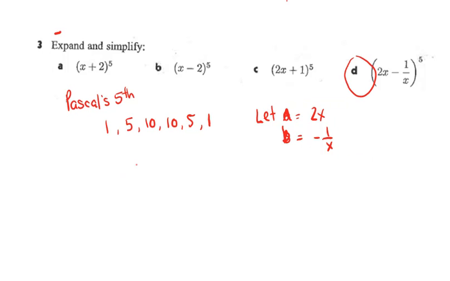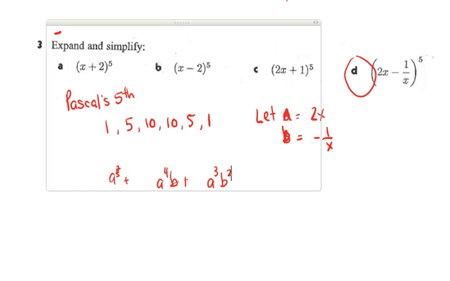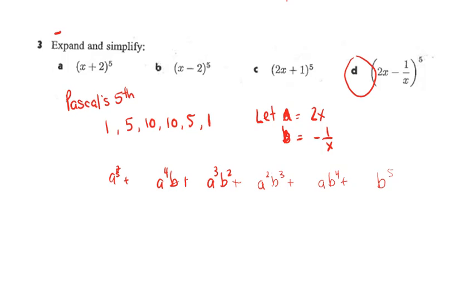So we have what starts out as a to the power of 5, then we have plus a to the power of 4b plus a to the power of 3b squared, and so on. And then once we have all of our variables in there, we can put in our coefficients.